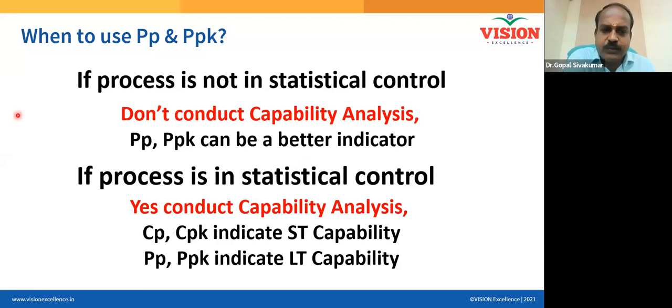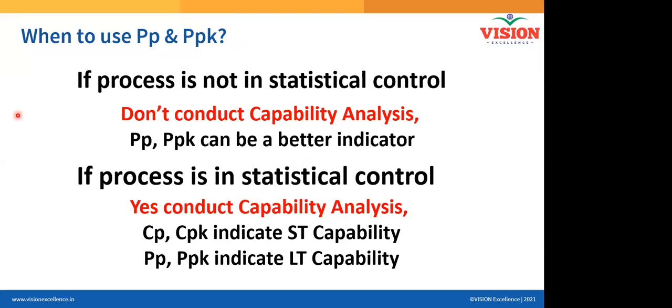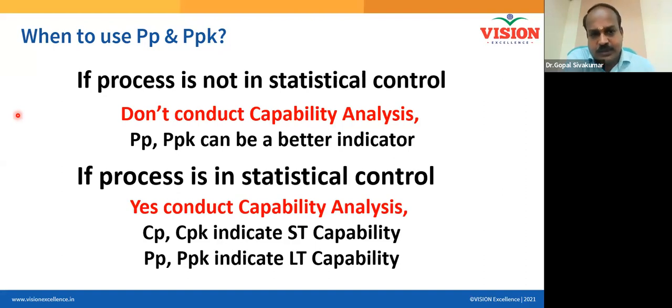All of you think my suggestion is meaningful? Yes, sir. If the process is not in a state of statistical control, still you conduct the capability analysis, it is as good as conducting an examination for a student who is very irregular to the classes. Do you understand the consequence?